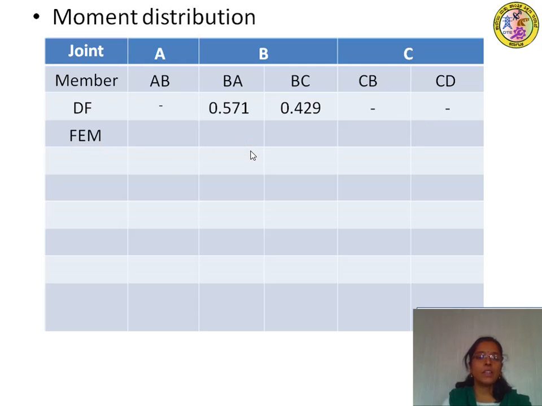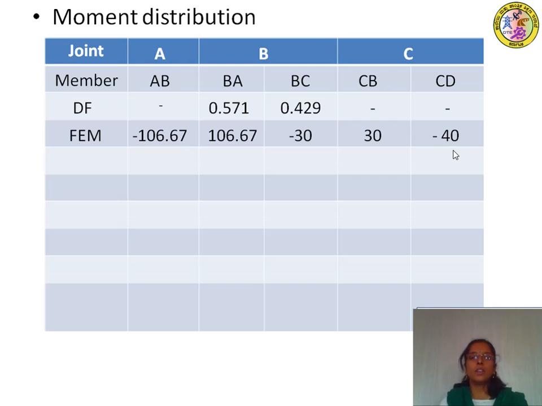Next, the fixed end moments. MFAB is minus 106.67, MFBA is plus 106.67, MFBC is minus 30, MFCB is plus 30 and MCD is minus 40. Now, as in the previous cases, we will be balancing the joints.